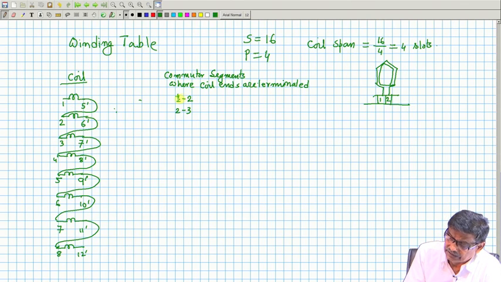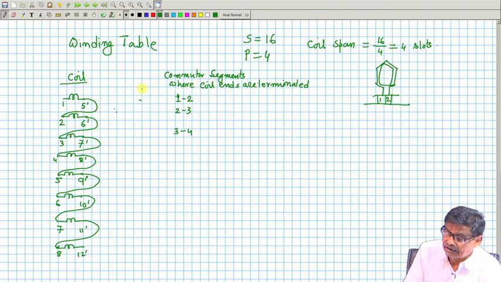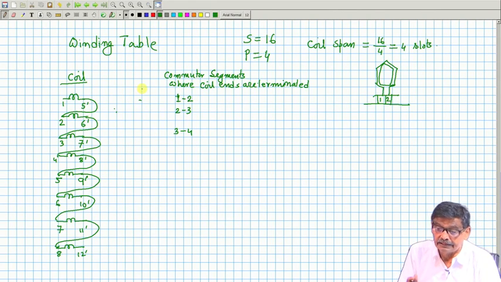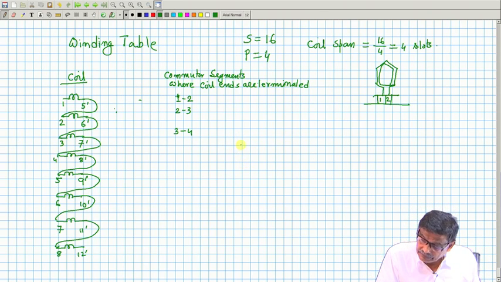So, it is 1 2, 2 3, then 3 4, like that. This way I will complete my winding tables up to 16. Next time I will bring the complete diagram in a PDF form, so that I do not have to spend much time. Then what I want to tell is this: there are now several coils connected in this way.